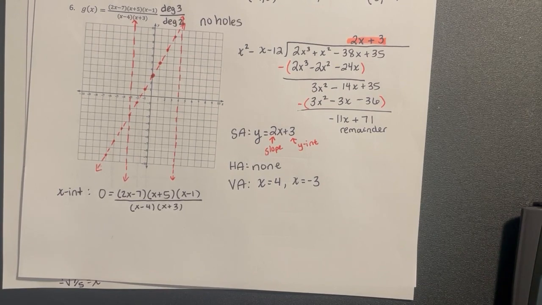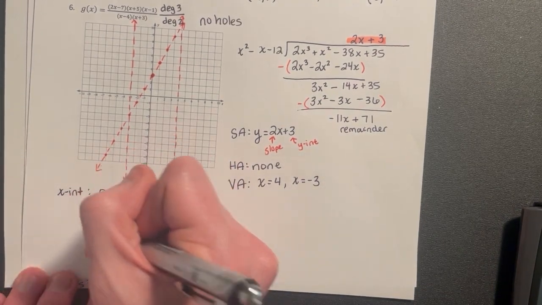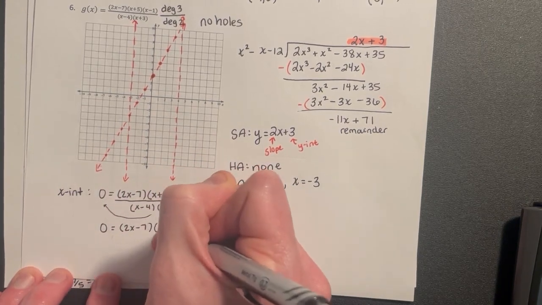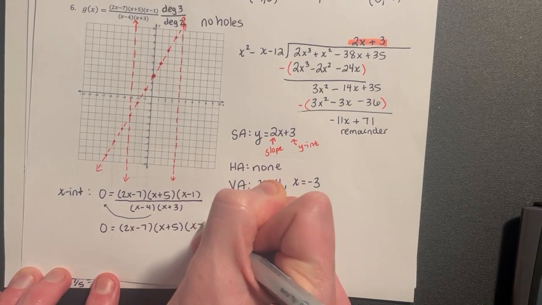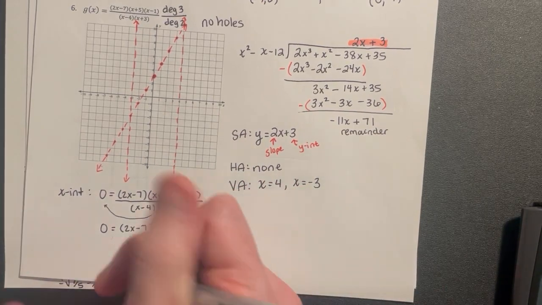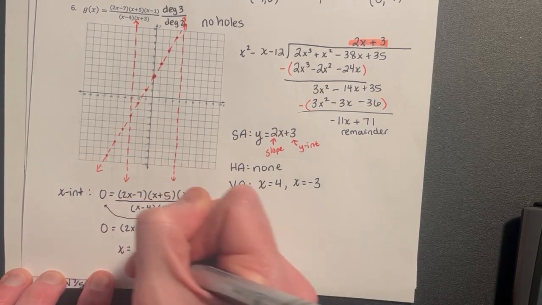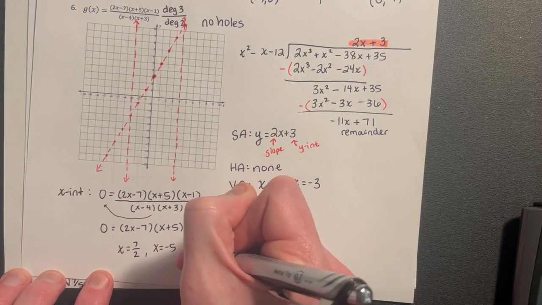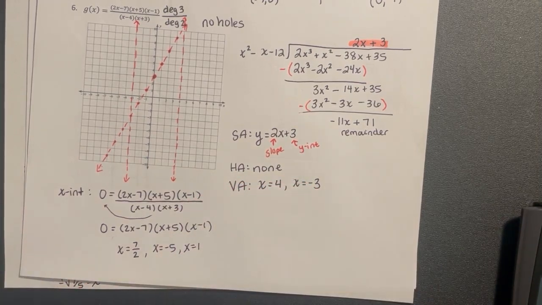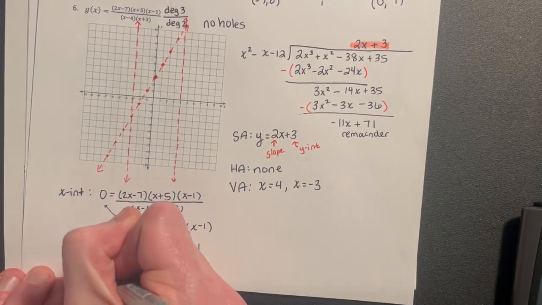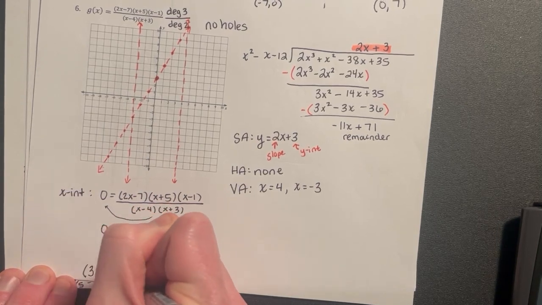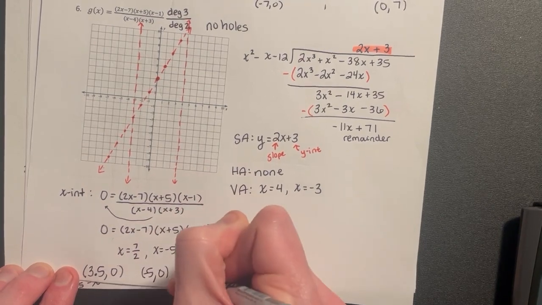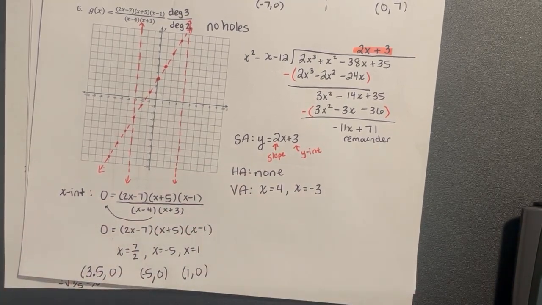If I multiplied our denominator over to the other side, it would still multiply to be 0, which creates this polynomial equation that we're dealing with, but we solved these previously. And so I would have a solution at 7/2, another at -5, and another at positive 1. And these are all the x-intercepts. So 7/2 is 3.5, so that would make (3.5, 0). Another one at -5, and another at positive 1, 0.